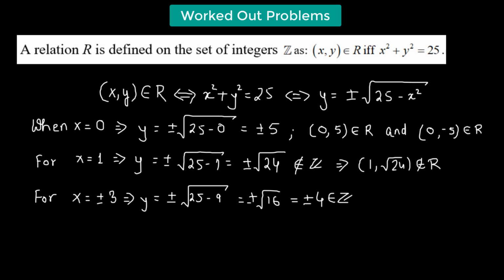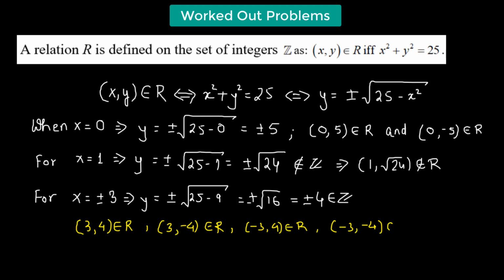Let me list them out. The 4 ordered pairs will be positive 3, positive 4, that will belong to R. We'll have positive 3 and negative 4 that belongs to the relation R. We'll have negative 3 and positive 4 belonging to the relation R, and negative 3, negative 4 belonging to the relation R.